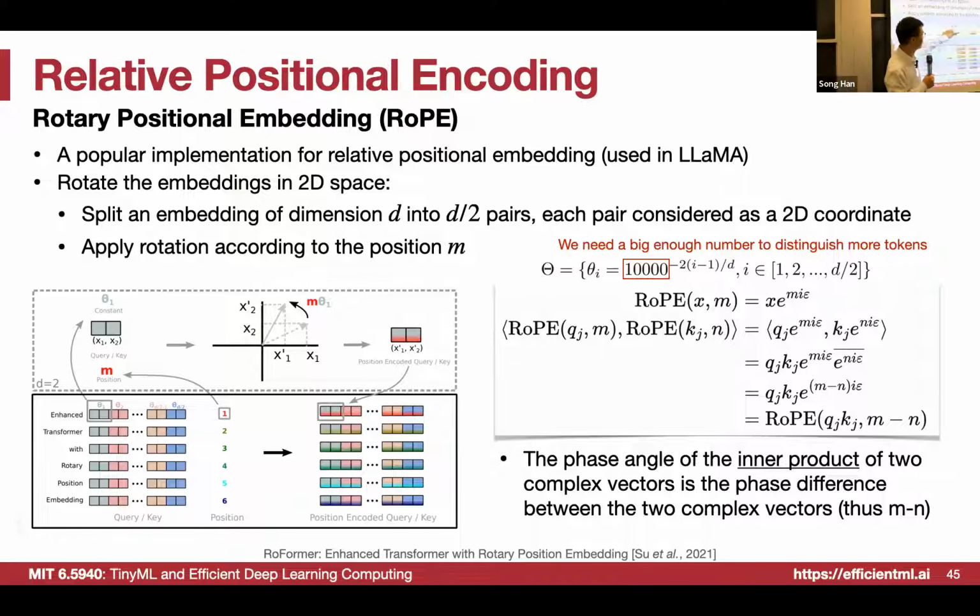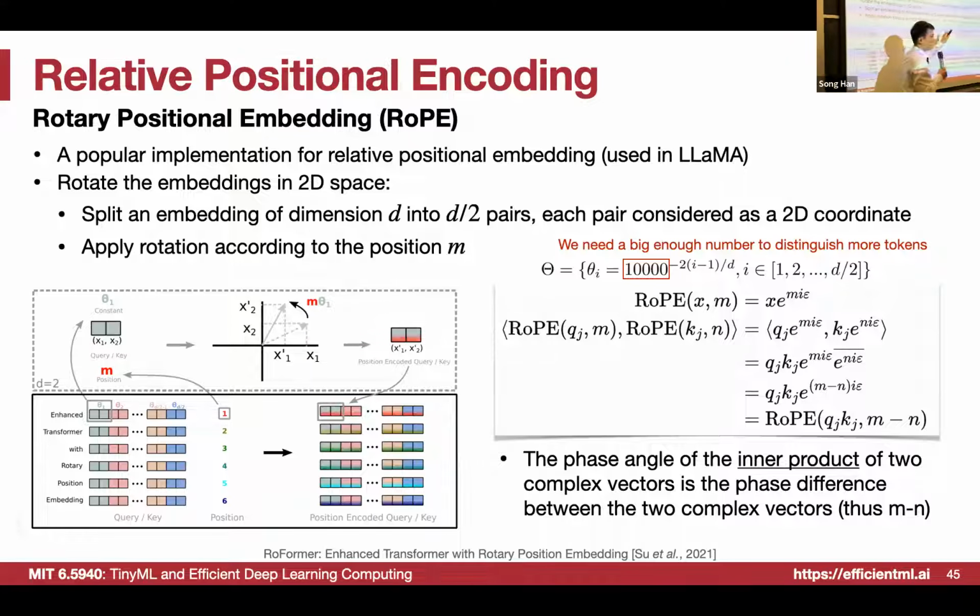So every time we have to move a little bit so that we can accommodate longer sequences rather than passing through 2 pi. That's why we need a pretty big number. It cannot be infinitely big, otherwise the rotation is too small and we cannot distinguish them.